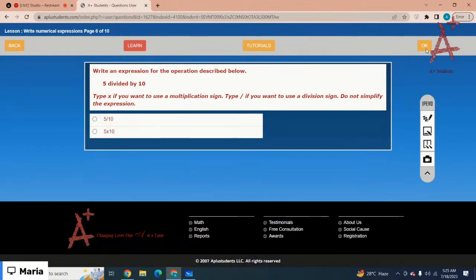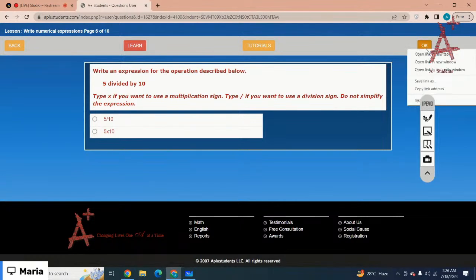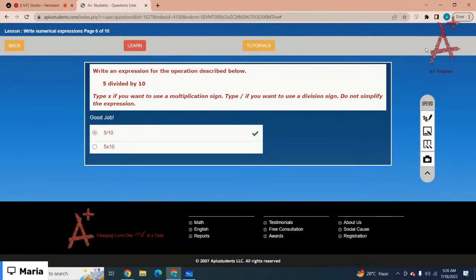Write an expression for the operation described below. 5 divided by 2. Which is the correct option? Yes, just replace the word divided with the sign. So, it would be option number 1. Option 1 is the correct option.